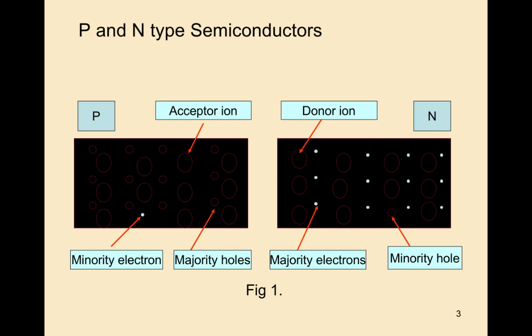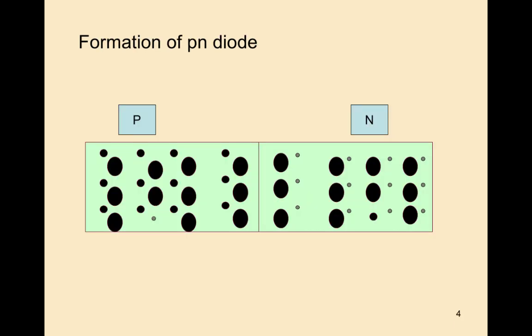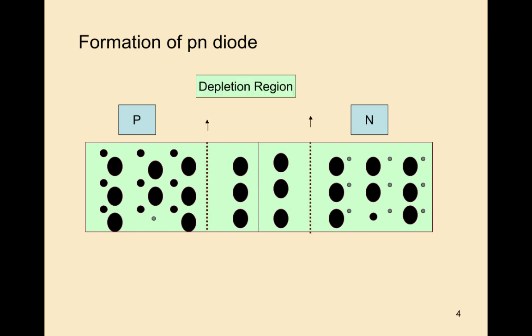So when we add these two semiconductors like this, electrons from the n side come towards the p side, and recombination takes place here.